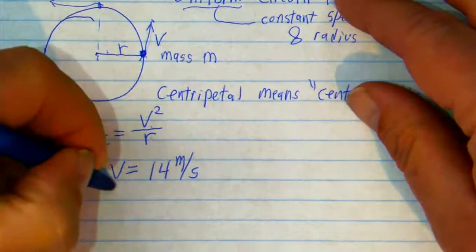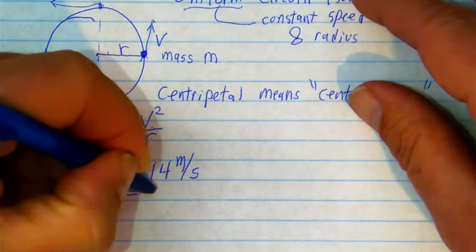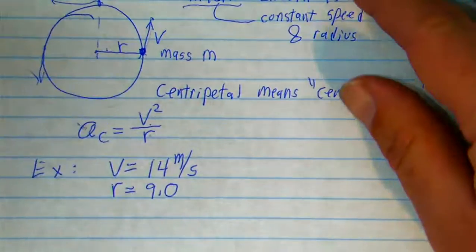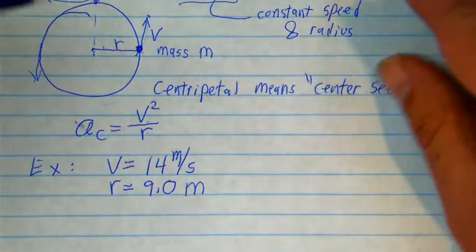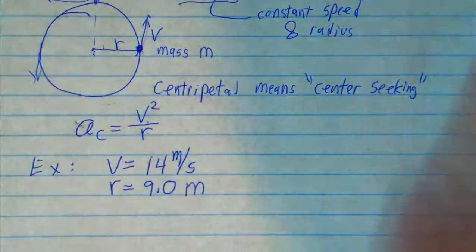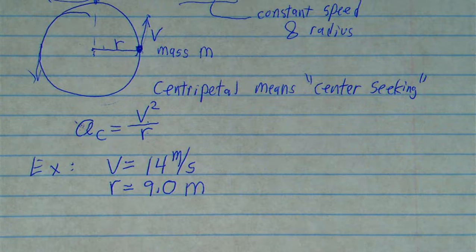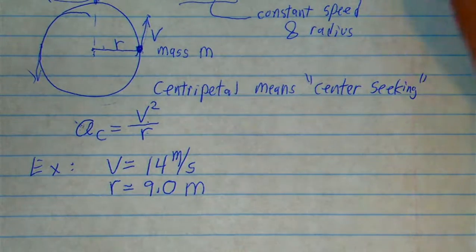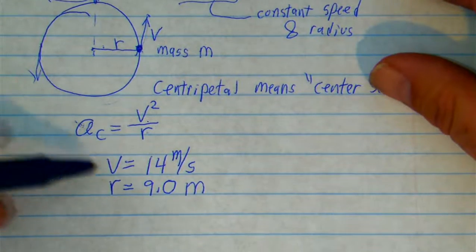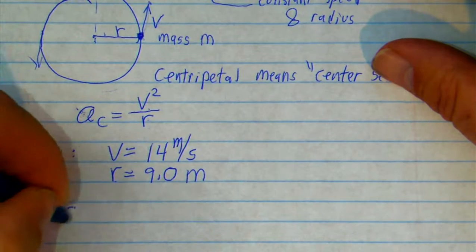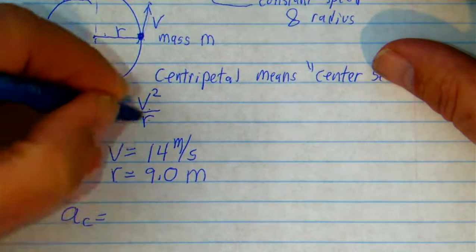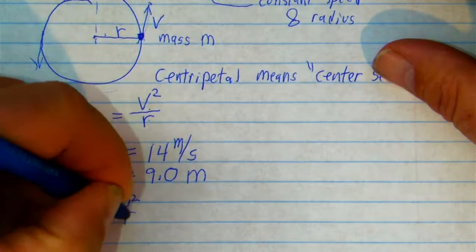All right, student is randomly selected. Let's set the radius to be 9.0 meters. Keeping in mind, if the units were centimeters, you'd have to convert them to meters for our calculation, so be careful. So given v and given r, solve for a. That would be equal to v squared divided by r.